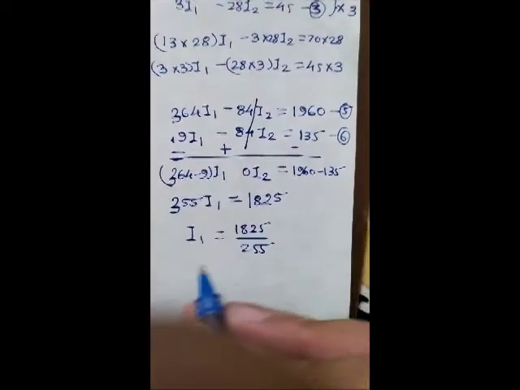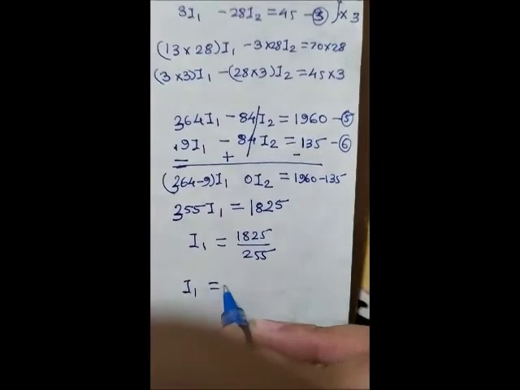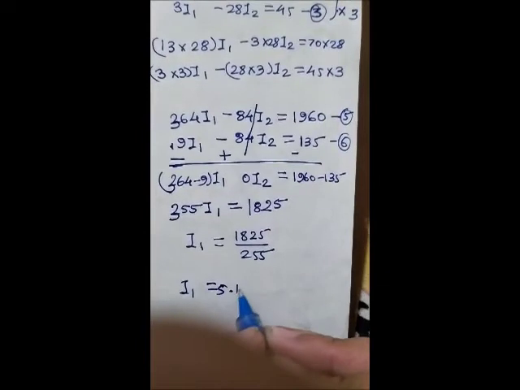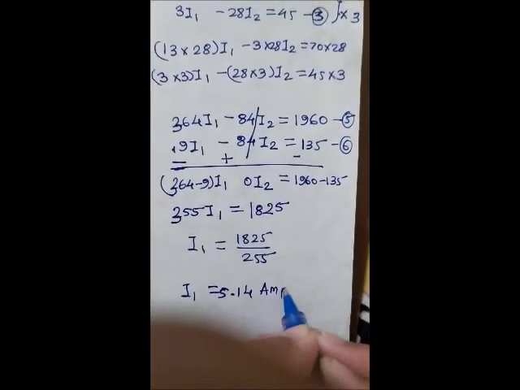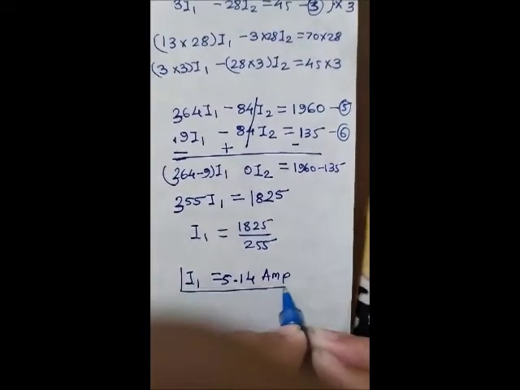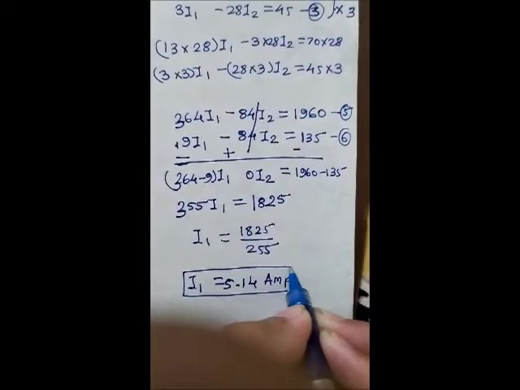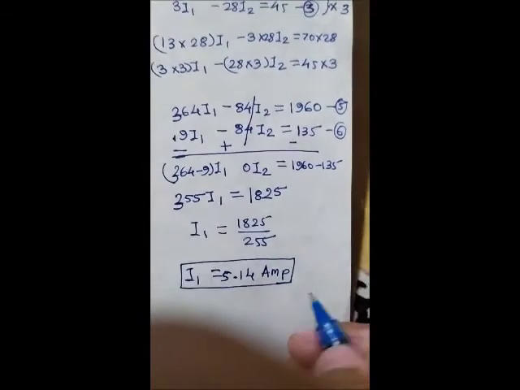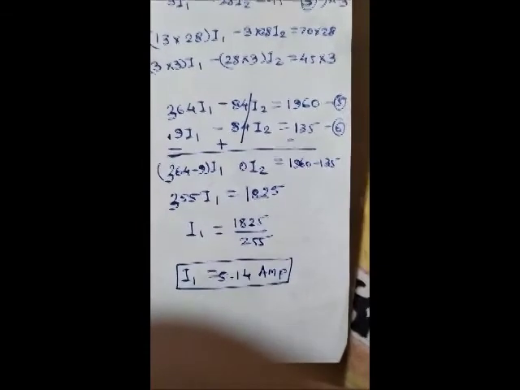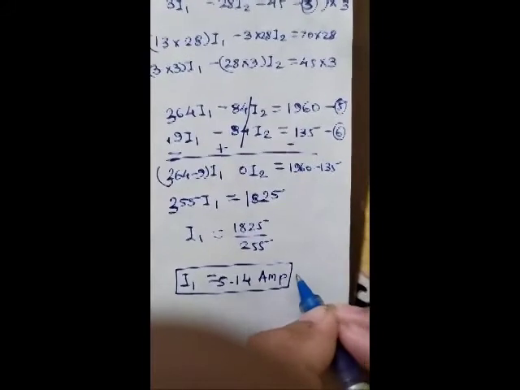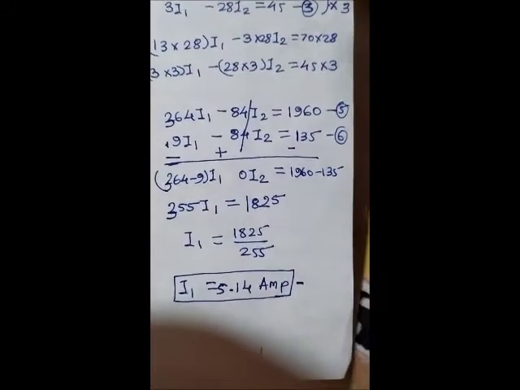You will get the value of I1 as 5.14 ampere. This is your current I1.